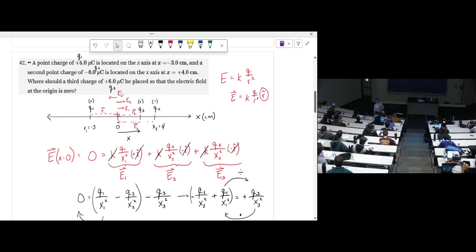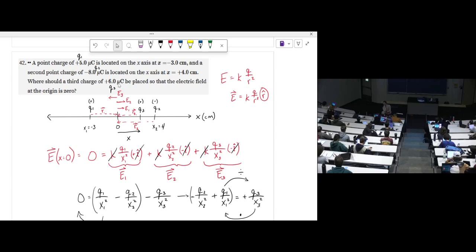Bill and then Andrew. Could you not have a negative charge to the left? You could add a negative charge to the left, but the problem said, where should a third charge that's plus 6 microcoulombs be added? Andrew? The question asks, say, the magnitude of the charge, the magnitude of the field. Is the negative included in that, or is the direction included in that magnitude, or is it just the value itself?